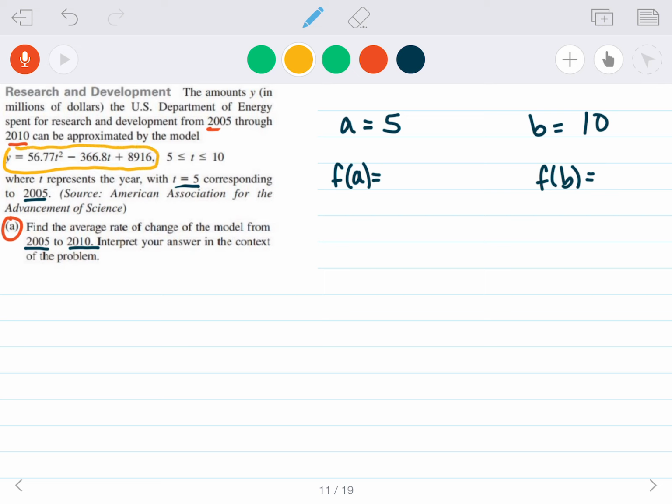So for f of A, I'm just going to be plugging in f of 5 into my function rule. So this is going to be a little bit ugly, but it's okay. So 56.77 times 5 squared minus 366.8 times 5 plus 89.16. I'm just going to compute this. Let's see.